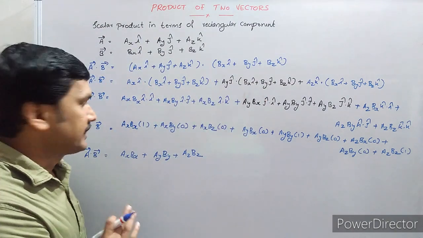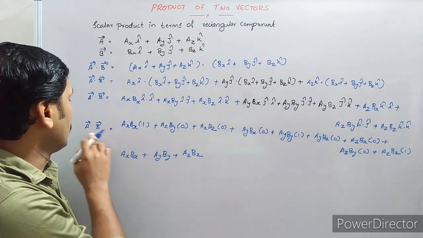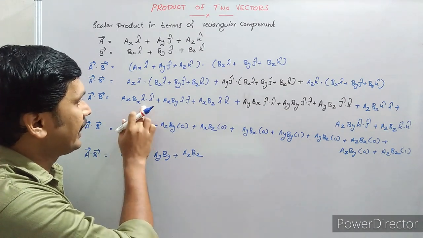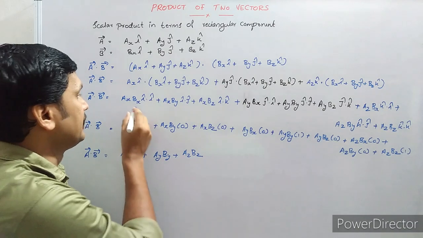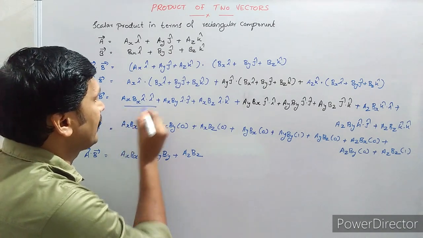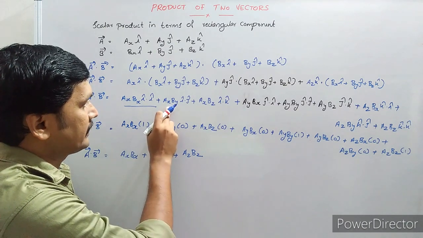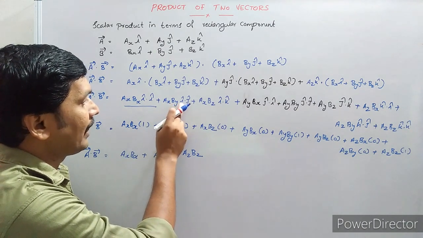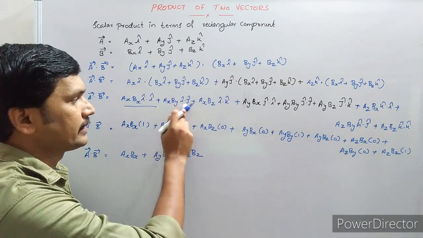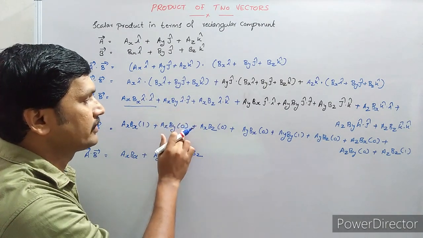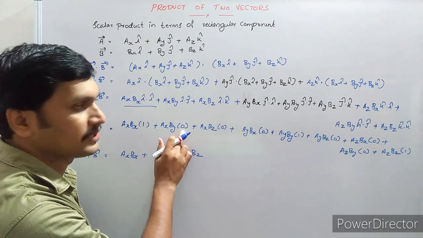Now we remove the brackets. Now A dot B is equal to Ax into Bx. What is I dot I? We know that I dot I is equal to 1. Ax into By into I dot j. But you know I dot j equal to 0, as we discussed in the properties. Second term comes to 0.